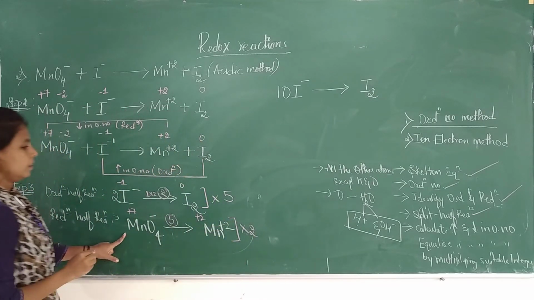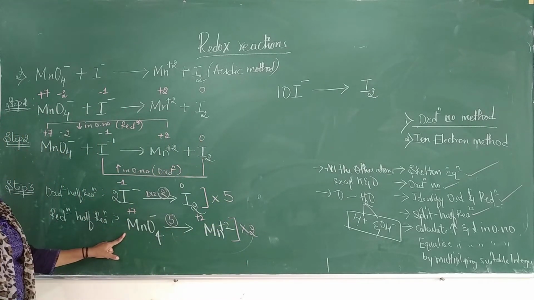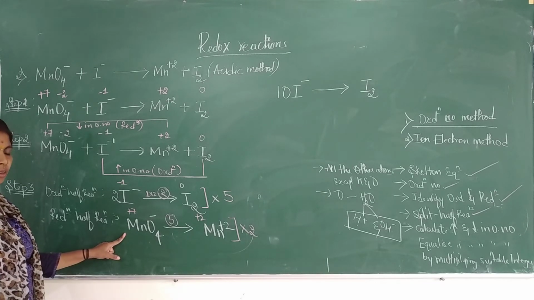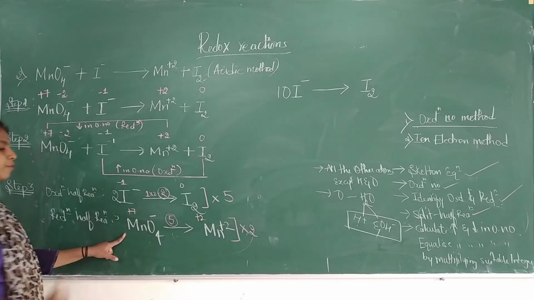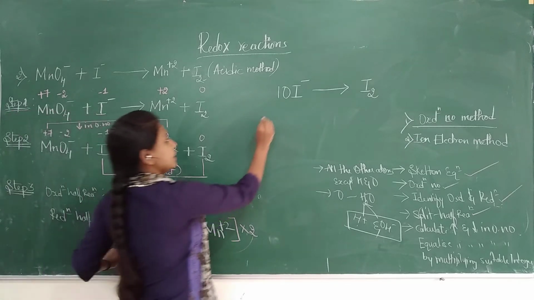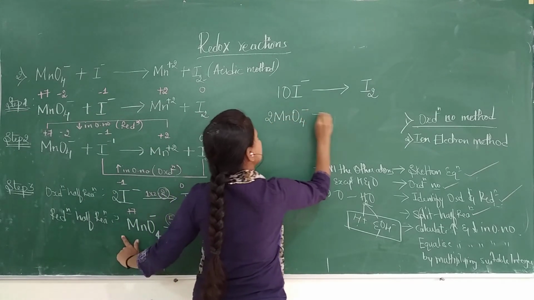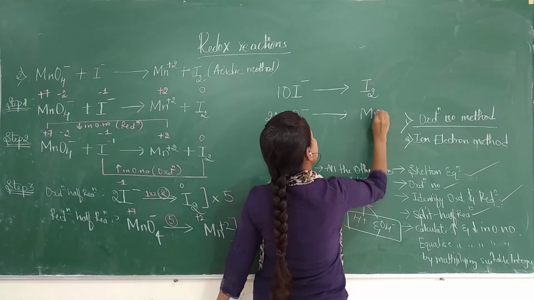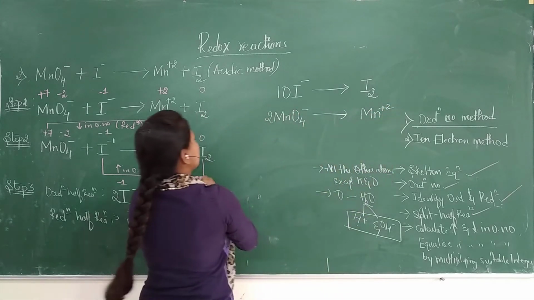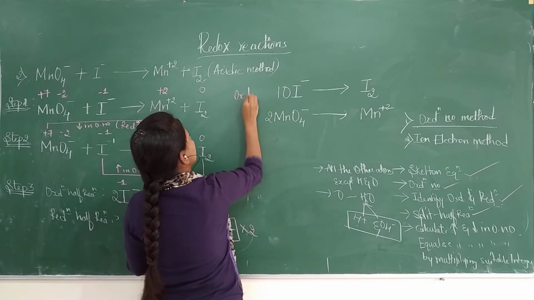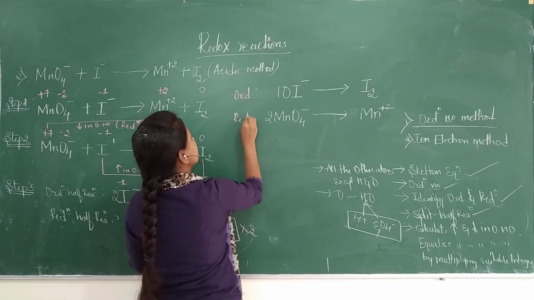Next, 2 into MnO4 minus, it is 2 MnO4 minus, 2 permanganate ions. Next, it is Mn +2. Clear? So this is oxidation and here it is reduction.